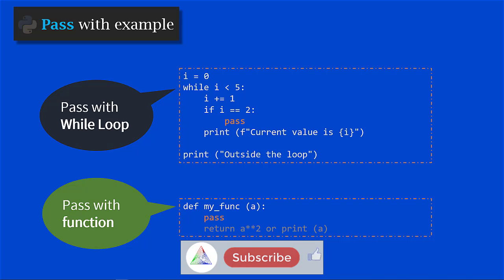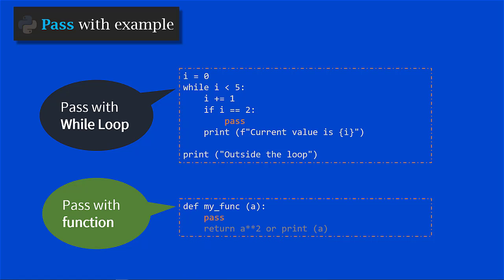Because pass is there, the interpreter will ignore it and just continue. Let's consider me as the interpreter for the instance. I will see the code and see, oh, the user has written pass. That means he intended to write this function, but maybe he's not getting all the resources at the moment, but wanted to continue with the remaining portion of the code because there might be a lot of functions inside the code.